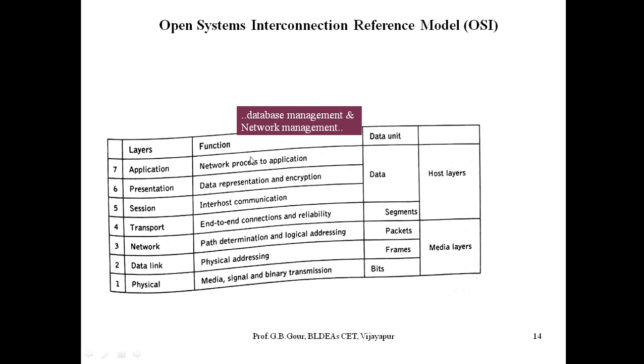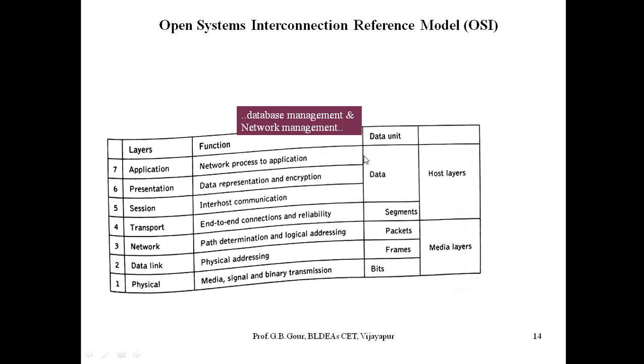Database and network management, database is the second layer. Network management is the third layer, as shown here. The physical layer is going to support the transmission in terms of bits, whereas the data link and network layers are where the information will exist in the form of frames and packets. So the first three layers are concerned with media layers, and the rest of the layers are called host layers.